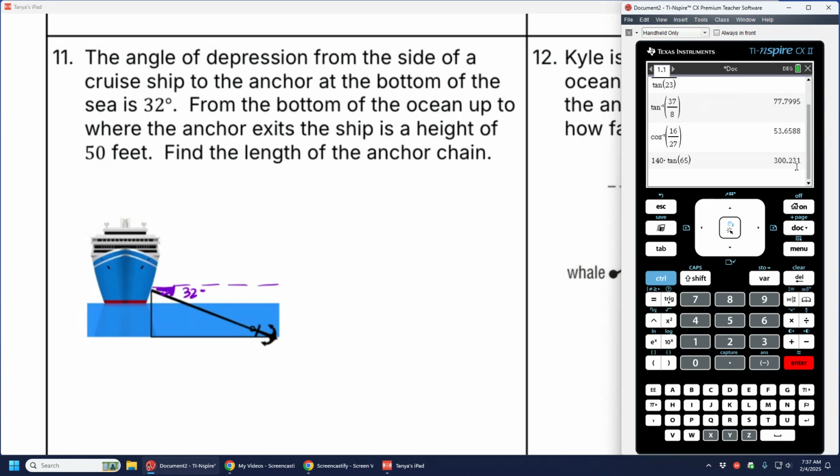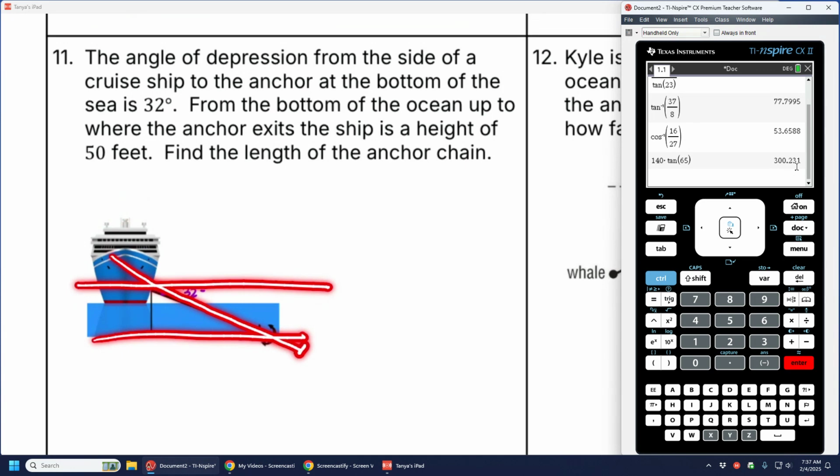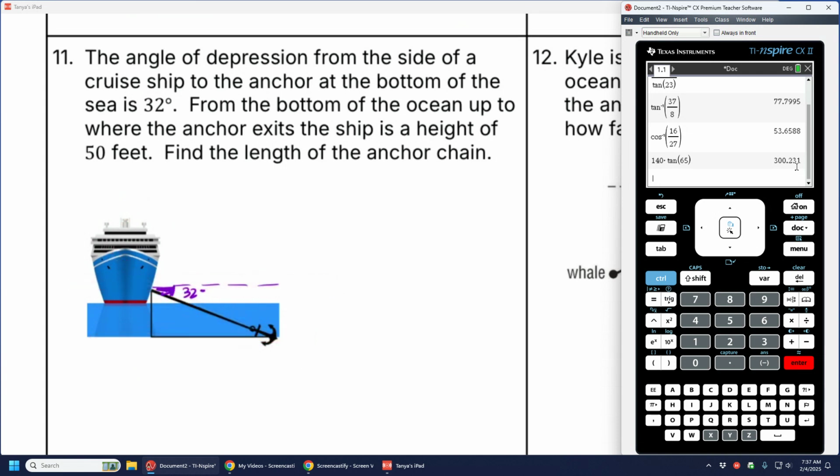But because they are, not opposite adjacent, sorry, they are alternate interior, that means that this angle is congruent to this angle. So I want to move that angle inside of my triangle here, so that's 32.